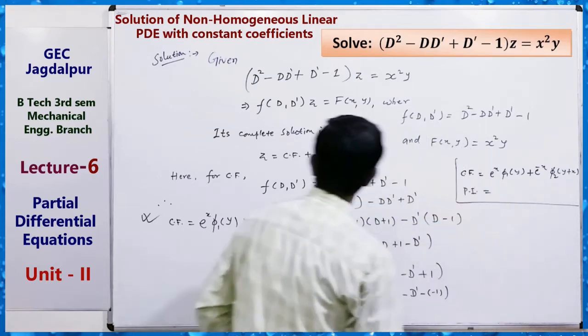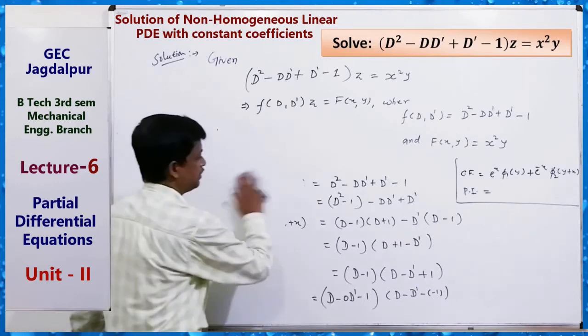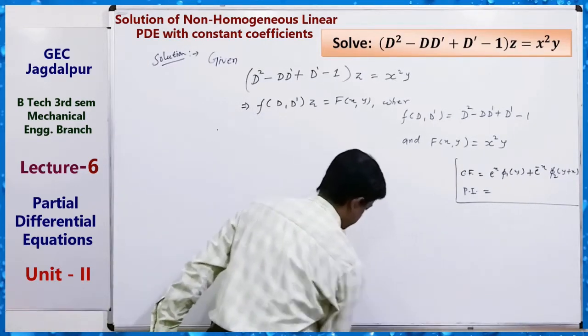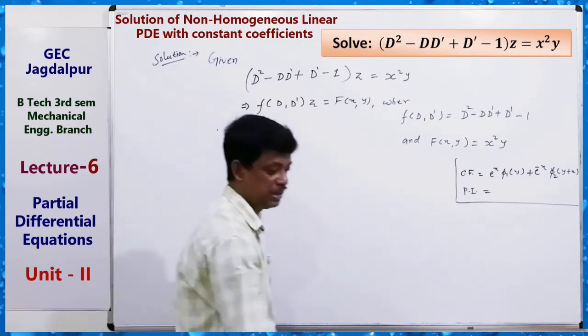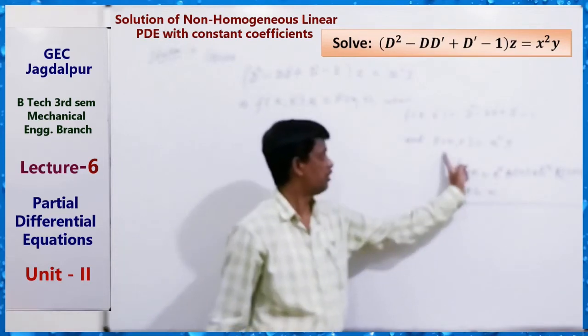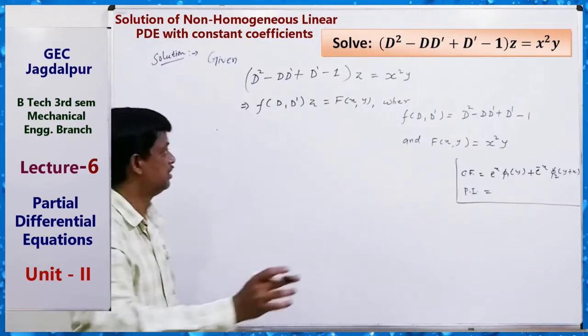Okay, now we have to find PI. Clear? So PI can be found by using binomial expansion, because the format of f(x,y) is x square y, meaning x to the power m, y to the power n.